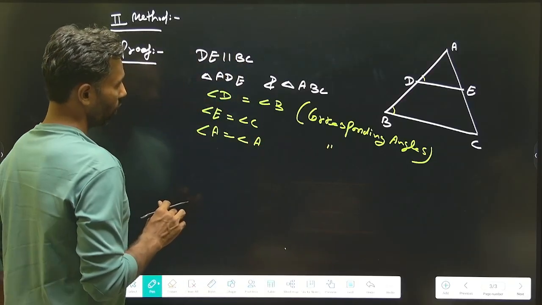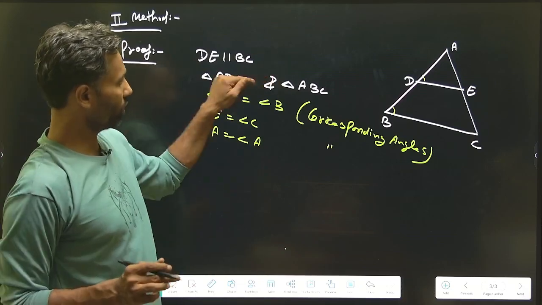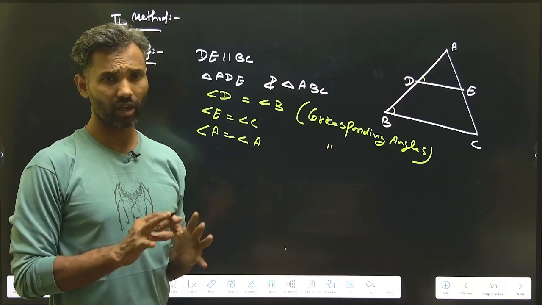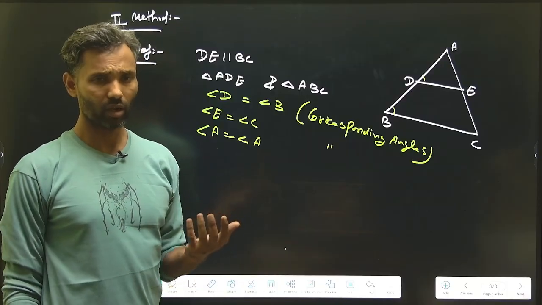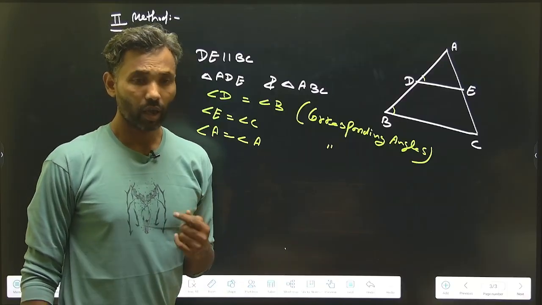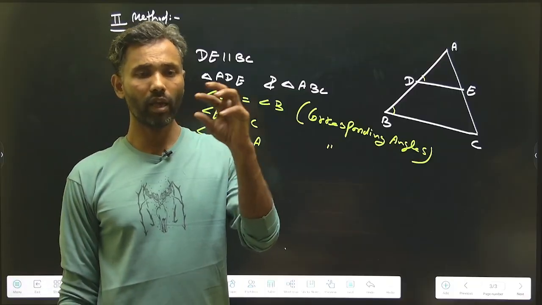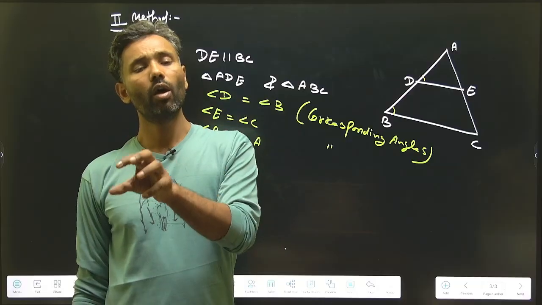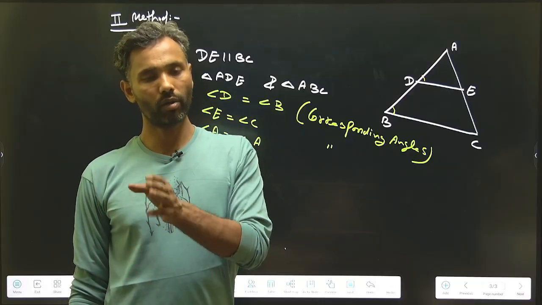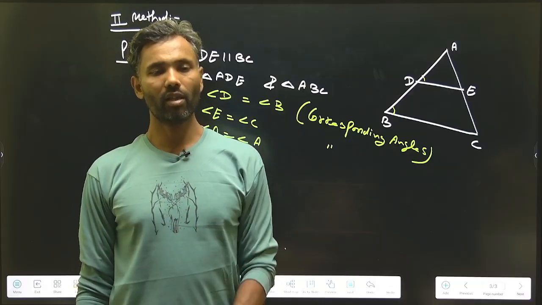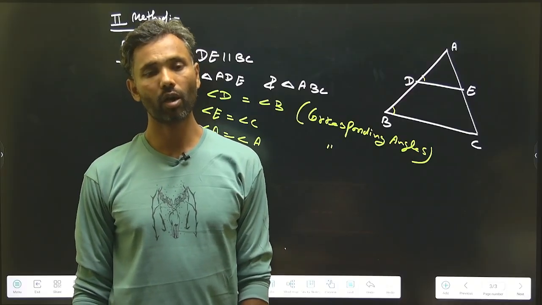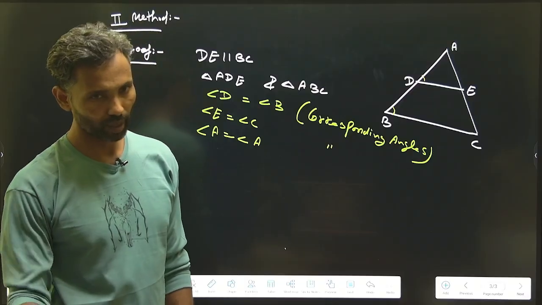So all three angles of these two triangles are equal, and you know very well that if three angles of a triangle are equal to three angles of another triangle, then both triangles will be similar. Similarity will be applicable here.